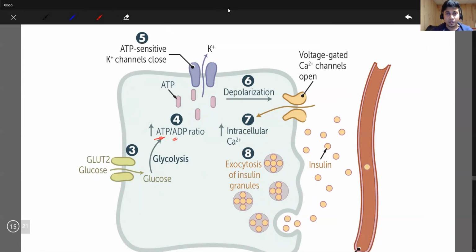Or simply, the ATP level rises. Now, this ATP causes closure of a certain potassium channel, an ATP-sensitive channel. When this potassium channel is closed, what will happen? Potassium is usually going out of this cell, right?